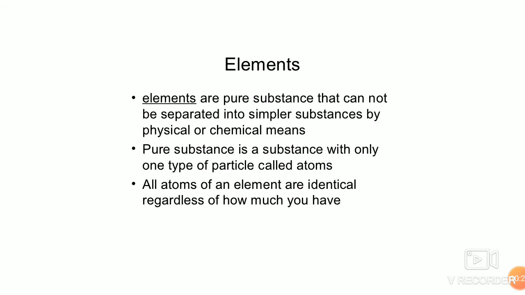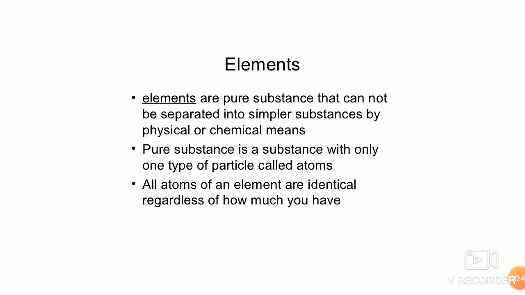A pure substance contains only one kind of particle, and the subcategory of it is element. And what is the smallest unit of an element? We call it an atom. The smallest unit of an element is the atom. All the atoms in the element exhibit all its properties.